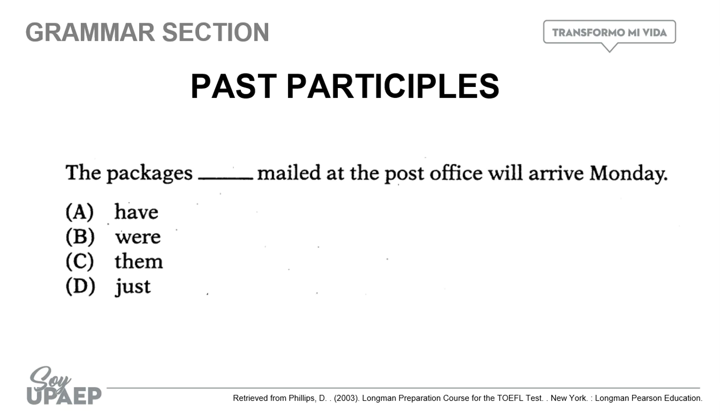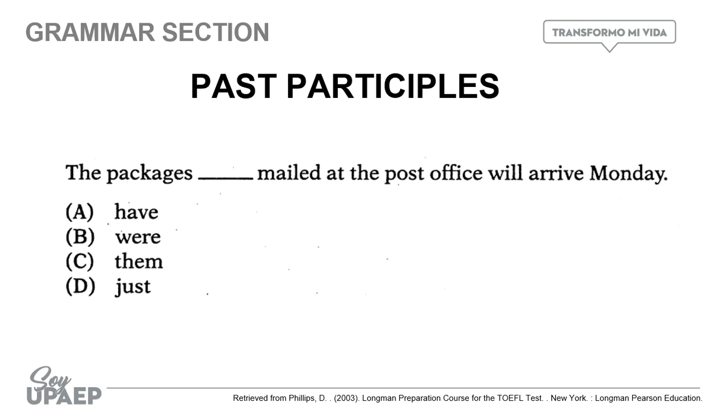Because if we put have, the sentence becomes a present perfect sentence and doesn't make sense with the second verb, right? And if we put were mailed, the sentence becomes a passive voice sentence that doesn't make sense with the second verb. Okay? We know that the packages is part of the subject.